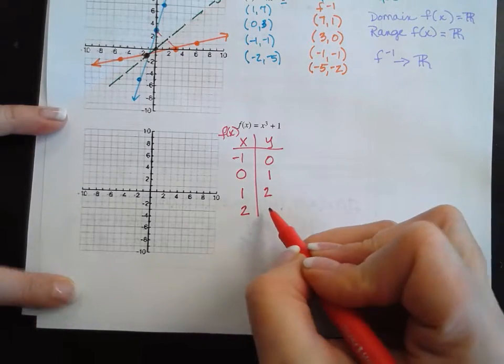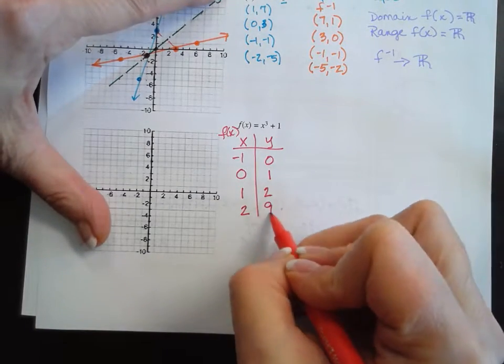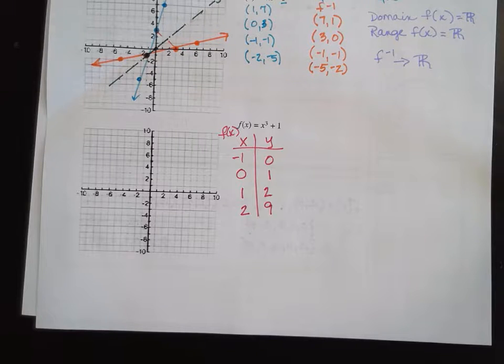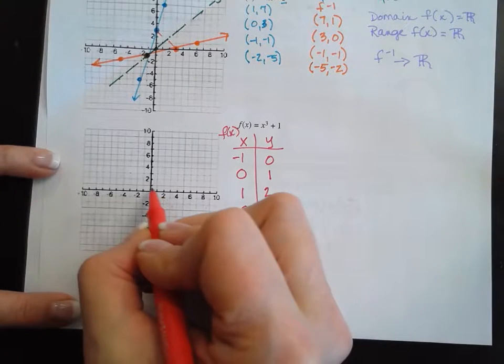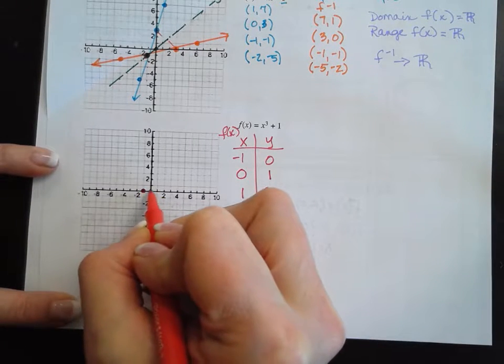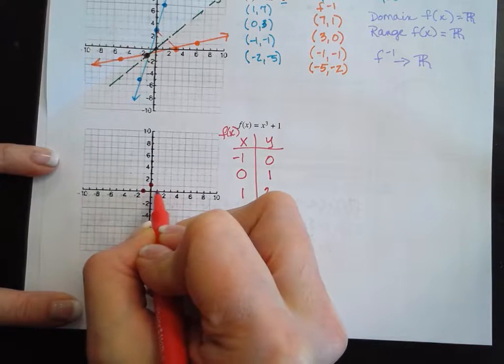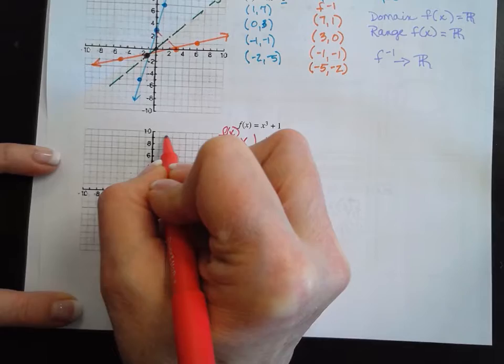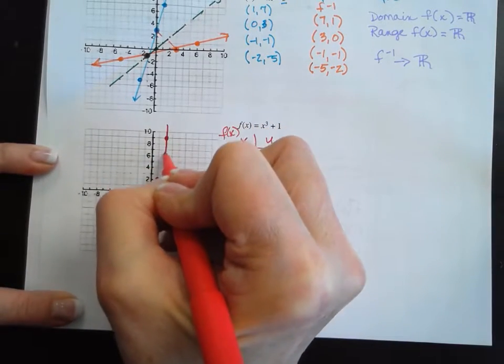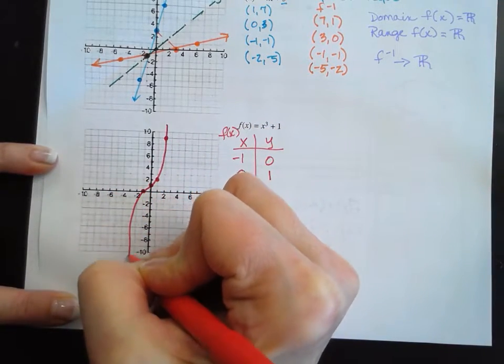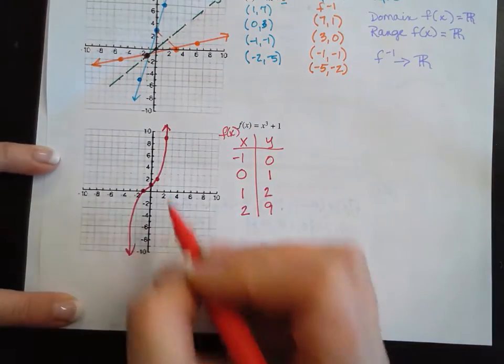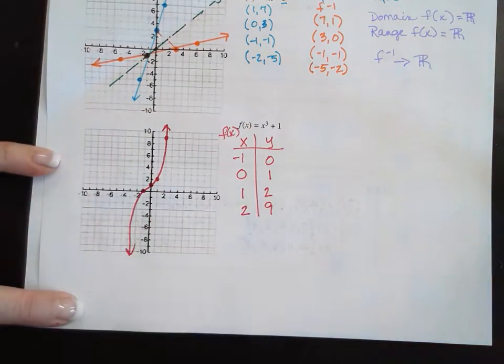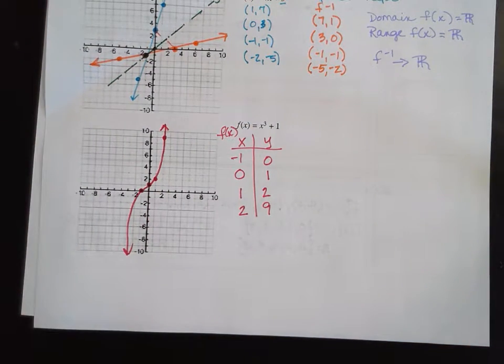And 2, because it's asking for 4 key points, gives me 9. So now I can graph it, over 1 up 2, over 2 up 9. And I go, oh yeah, I remember. It looks like that. And that's what I mean by my roar. It just kind of goes up the line.